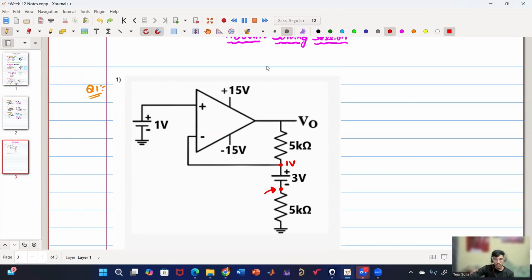Minus 2 volt, Parvatam says. So this will be minus 2 volt, right? Everyone agree? Because the top terminal is 1 volt, this will be 1 minus 3 volt, which is minus 2 volt.